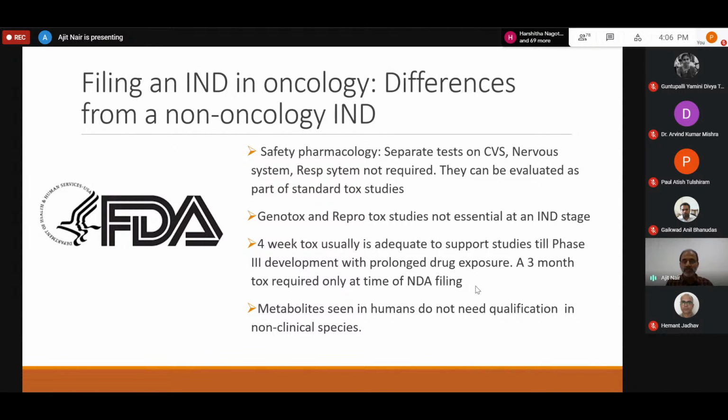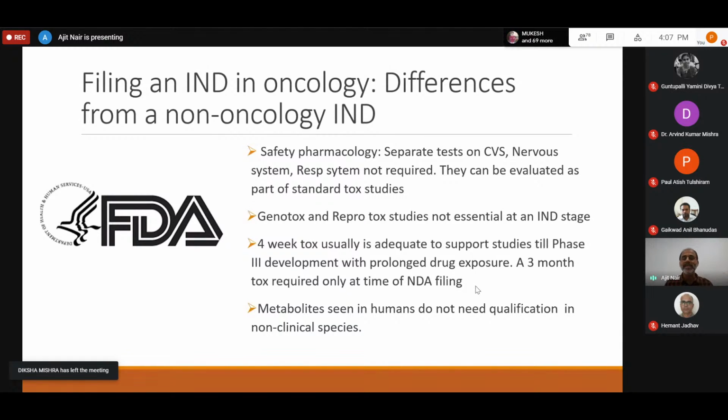So essentially, as you would know, a tox program is a very important program which mirrors a clinical development program. You can expose humans only to that much duration of your investigational product as much as tox data you have. So for example, if you have 28-day rodent and non-rodent toxicology data, you can expose humans only for that period, right?